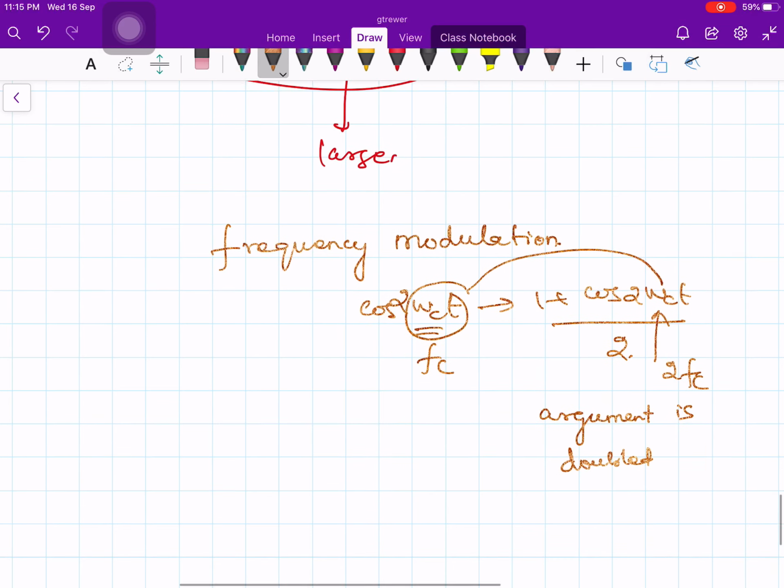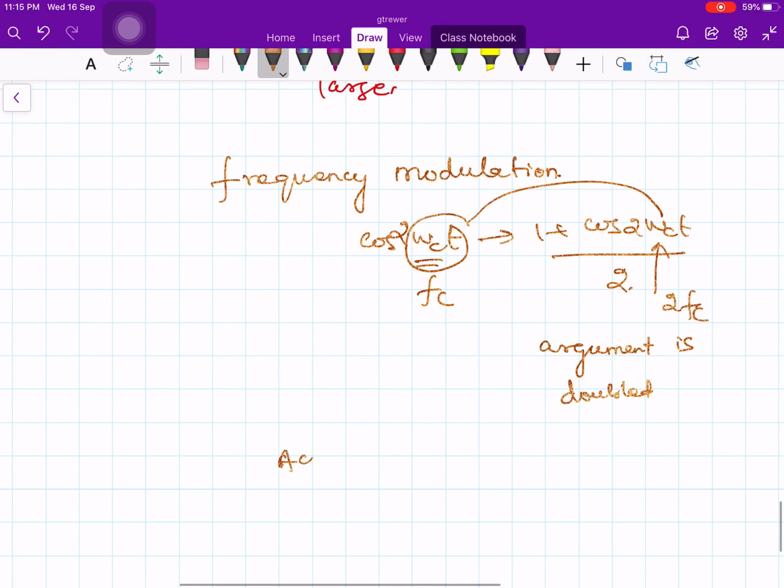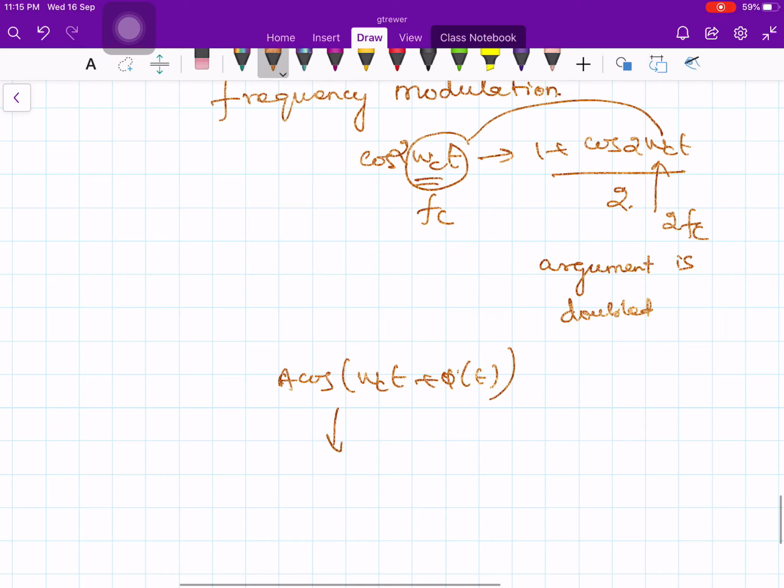See, I have A times cos of omega ct plus phi of t. Now if I square this, I will get A squared cos square of omega ct plus phi of t. Let's say phi of t is equal to 0.1.